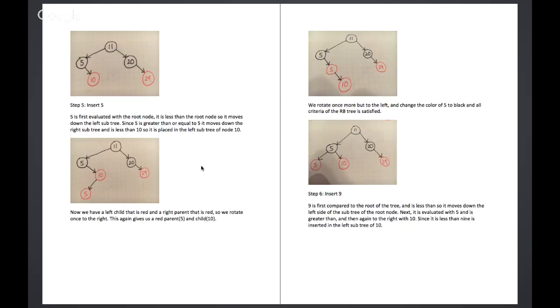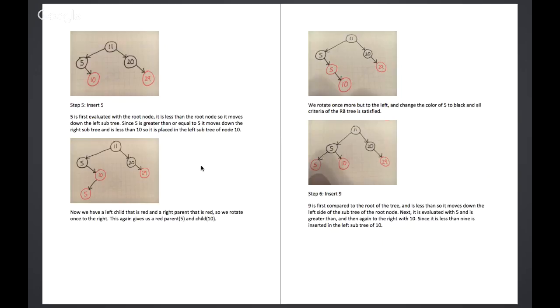So now we have a left child that is red and a right child that is red. What we're going to do is rotate once to the right. That's shown in the picture on the top right. This gives us a red parent, which is 5, and a red child, which is 10.